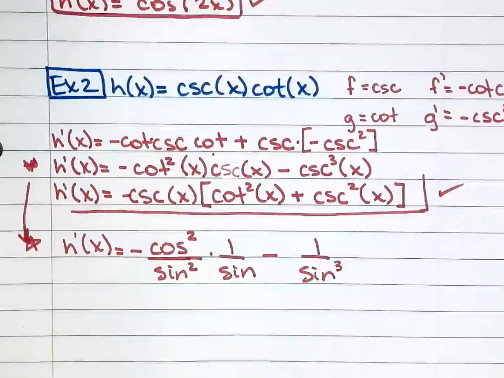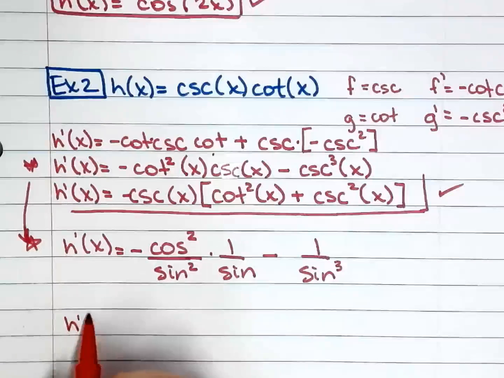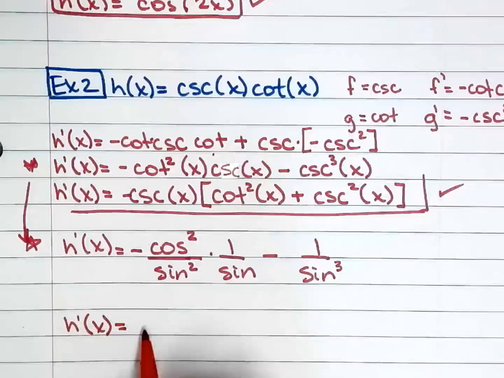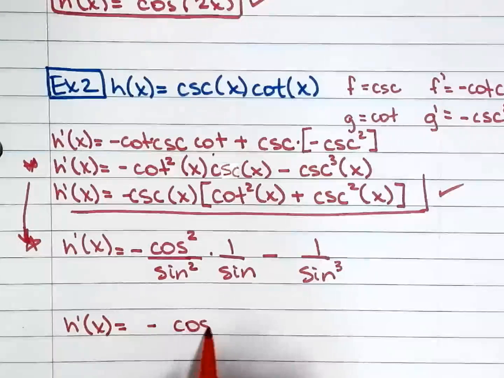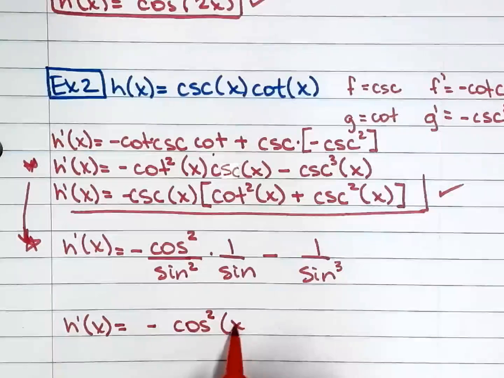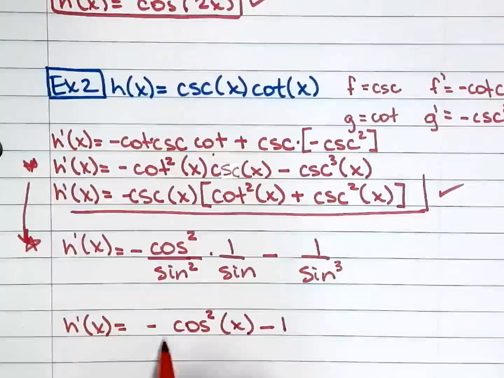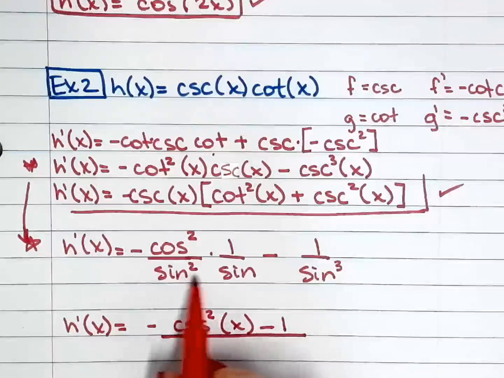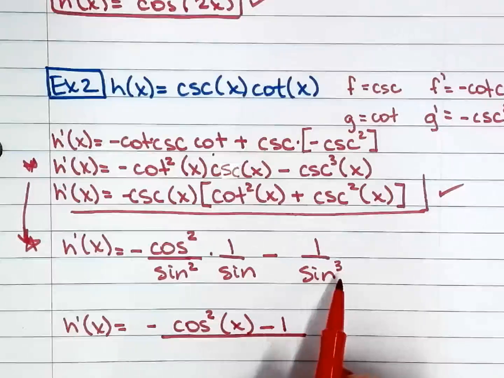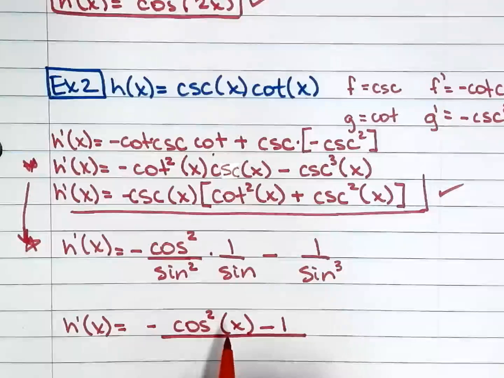Okay, what else do we know? We know we need to simplify this. So negative cosine squared of x minus 1 over sine, this is sine to the 3rd power.